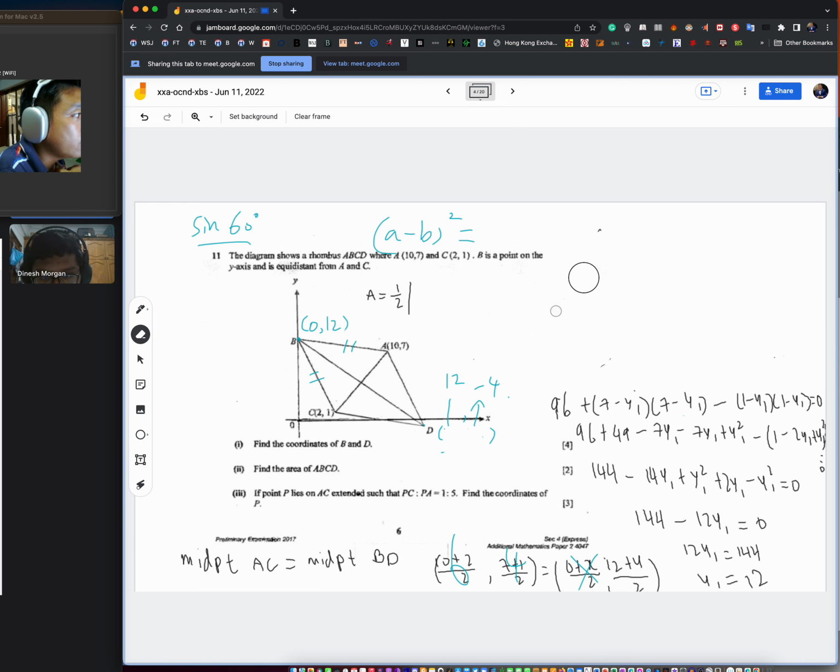You have to end with A. Okay, I'm not sure if your graphical calculator is powerful enough to just solve this straight away, or you still have to do the shoelace.